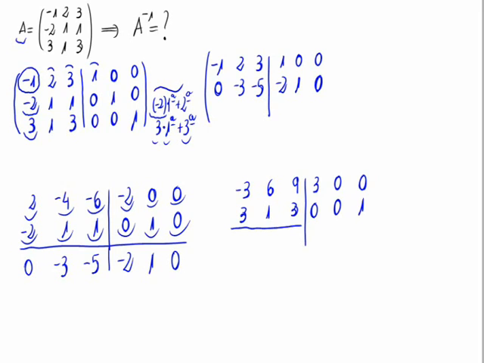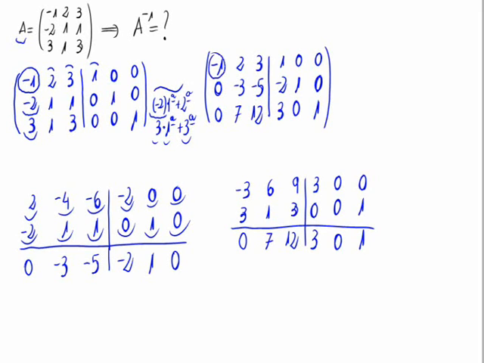And now we copy the third row: 3, 1, 3, 0, 0, 1. We add: 0; 6 plus 1, 7; 9 plus 3, 12; 3 plus 0, 3; 0 plus 0, 0; and 0 plus 1, 1. Now we copy the results: 0, 7, 12, 3, 0, 1.